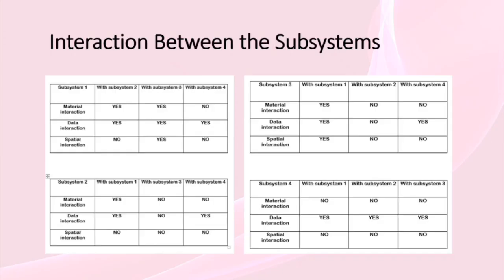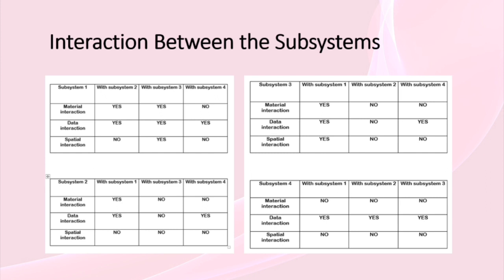Now, let me move on to the product architecture phase, which is the 3rd step of the engineering design process. During this phase, we considered the identified subsystems and tried to identify the interactions between them. Interactions usually are in terms of data, energy, material and spatial interaction.